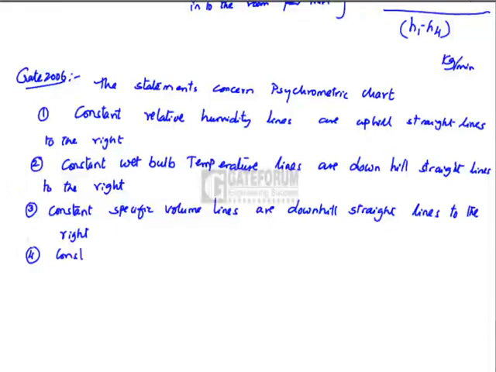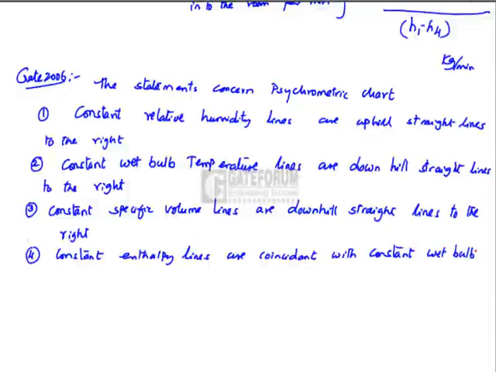Constant enthalpy lines are coincident with the constant wet bulb temperature lines.